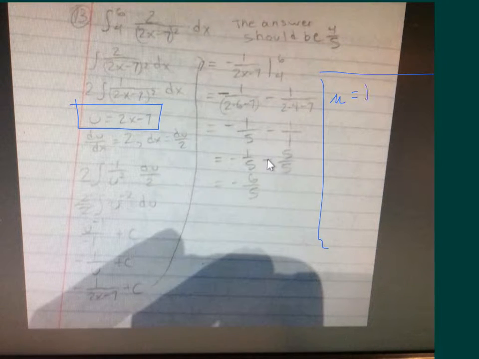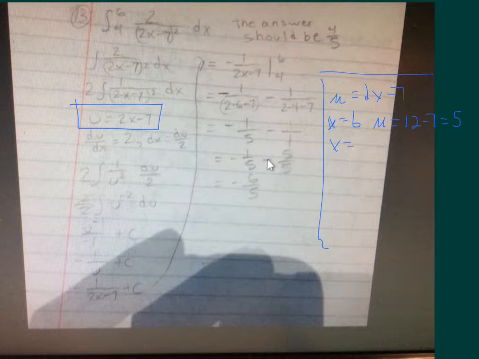If u is equal to 2x minus 7, then when x equals 6, which is the upper limit for your integral here, then u will now equal 2 times 6, which is 12, minus 7, which is 5.